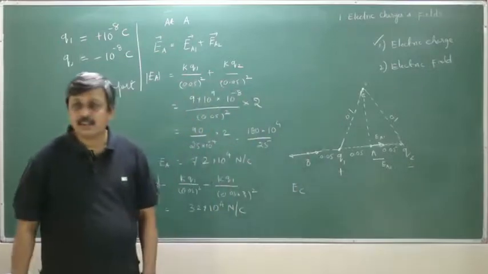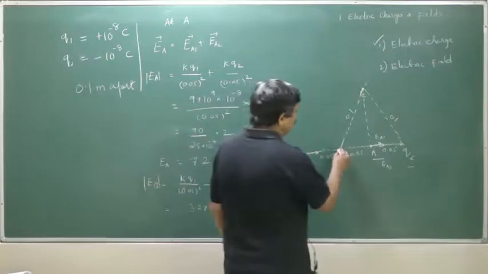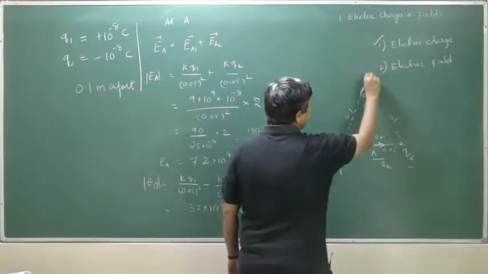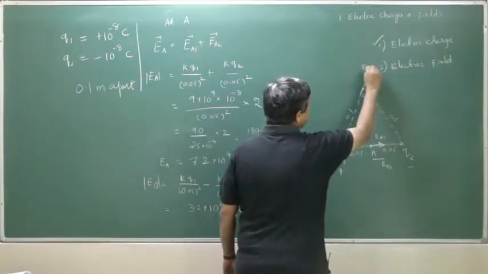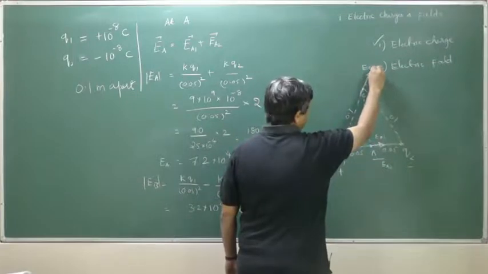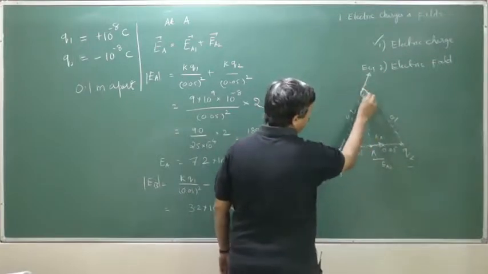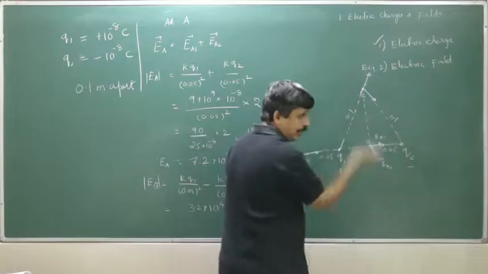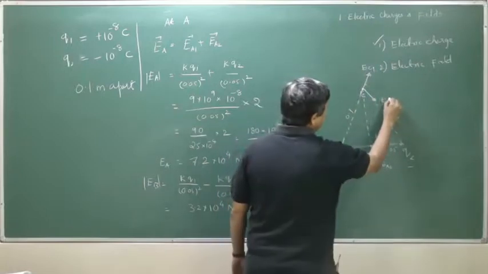Why is it tricky? Because here the direction is like this. This is EC because of 1. This is the direction because it is attracted here. This is EC because of 2.